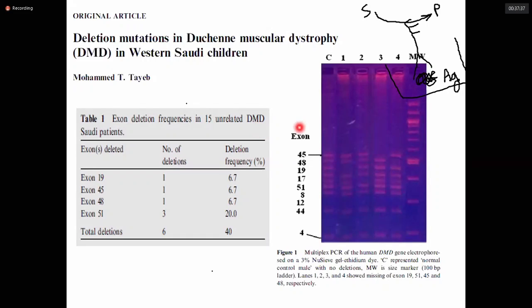Okay, and to understand how he made his diagnosis, he actually brought DNA from different individuals, and here is normal.